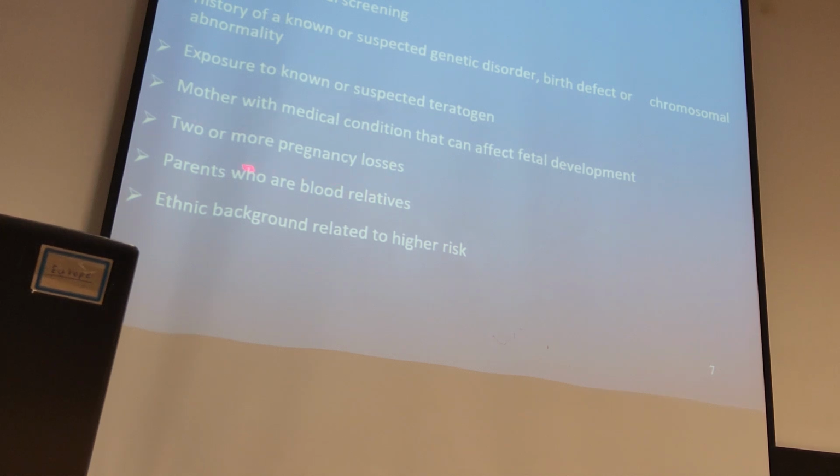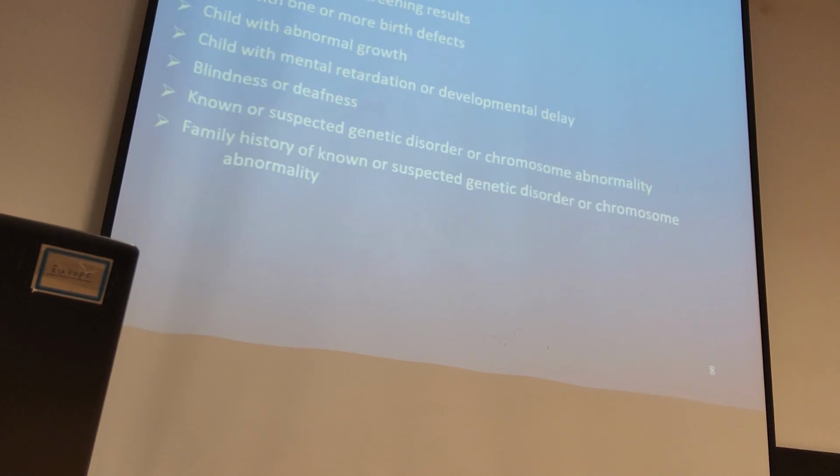If there are more than two pregnancy losses, parents are blood relatives, and if they are from a specific ethnic background, which maybe is high risk for some genetic disorders.